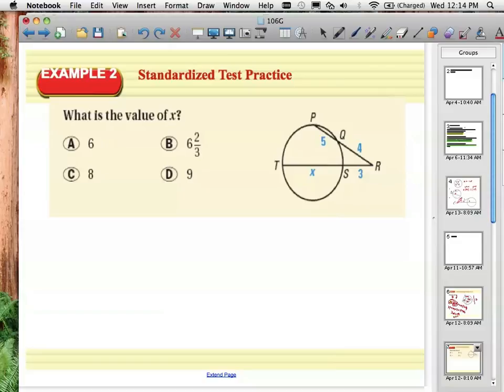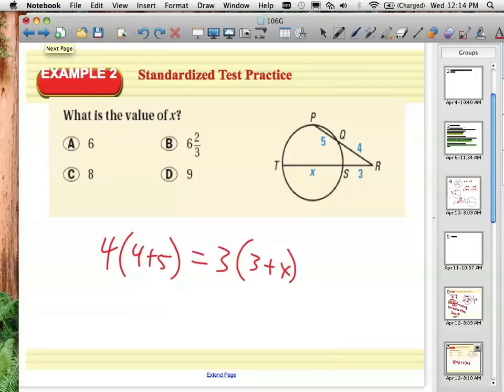That's the first thing you should be thinking about. It should be secant segment, not secant tangent, because I know it's kind of tricky, but it's not a tangent. So the setup is 4 times 4 plus 5 equals 3 times 3 plus 6 times 2 plus x. The reason I put that plus there is that a lot of people just try to put them together. Remember to add them. That would be our 36 equals 6 plus 3x.